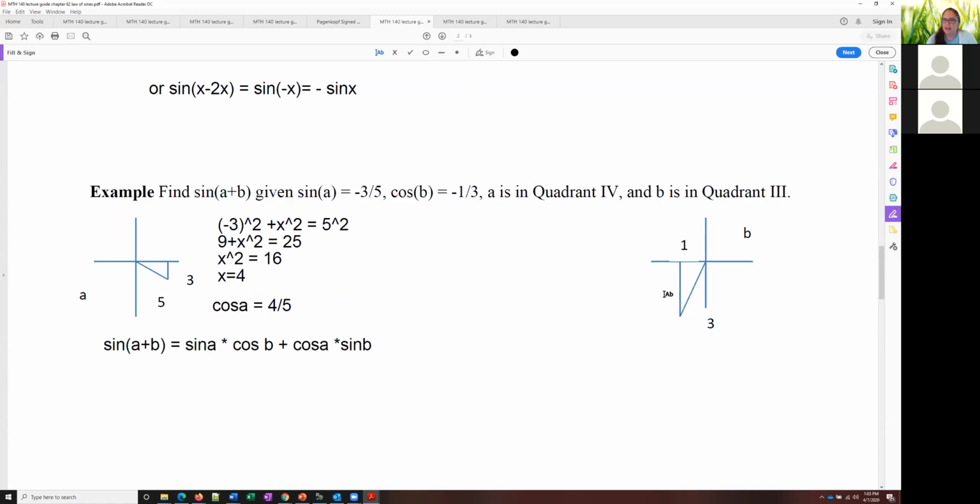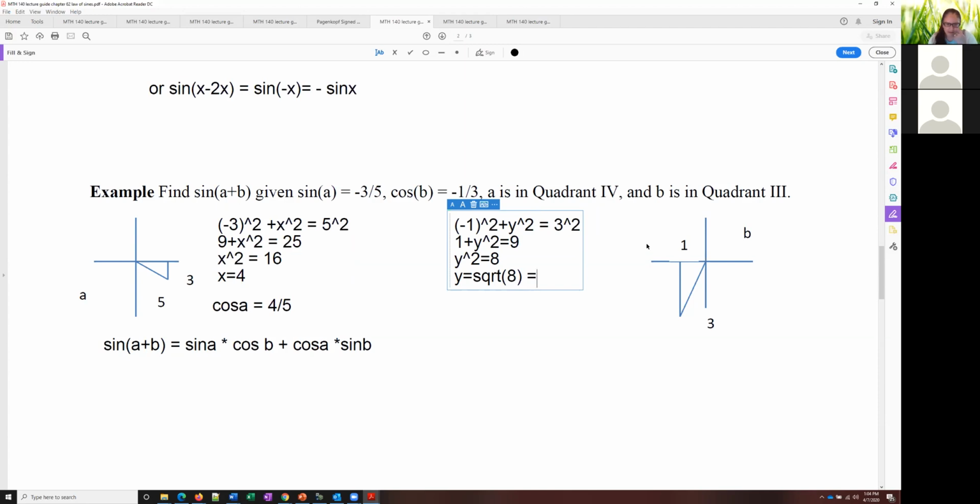And then for B, we're told that angle B is in quadrant 3, and we know its cosine is negative 1/3. So the x will be a negative 1, and the hypotenuse will be 3. So we'll have negative 1 squared plus y squared equals 3 squared. So we get 1 plus y squared equals 9. That tells me that y squared is equal to 8. So y is equal to the square root of 8.